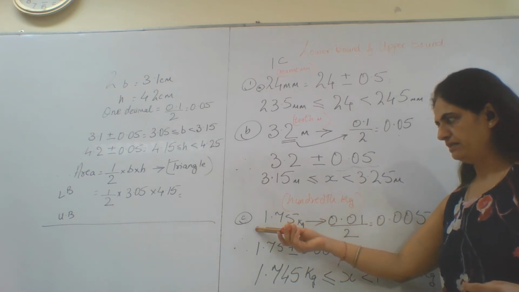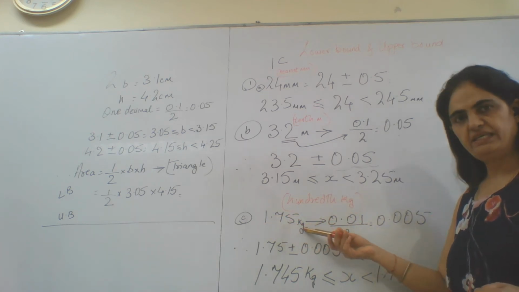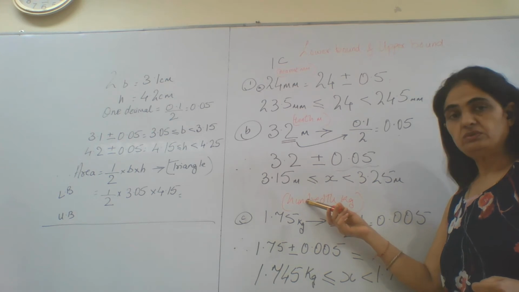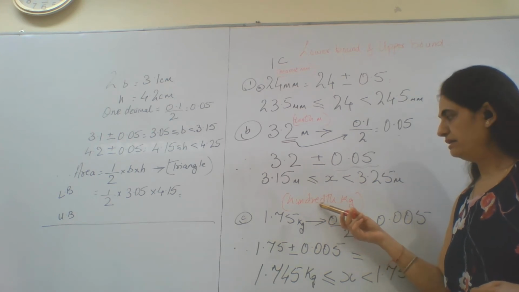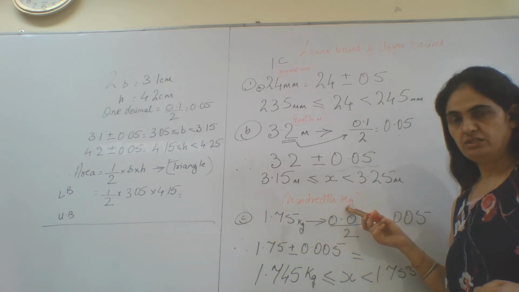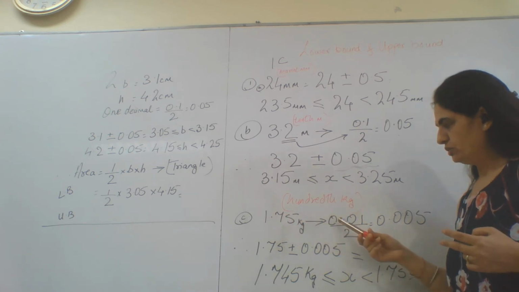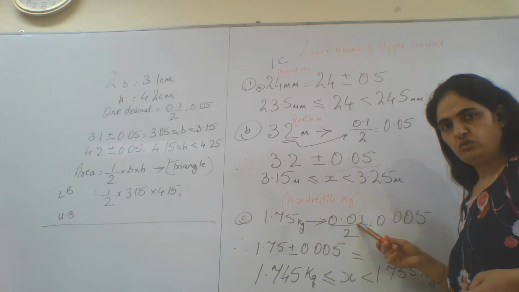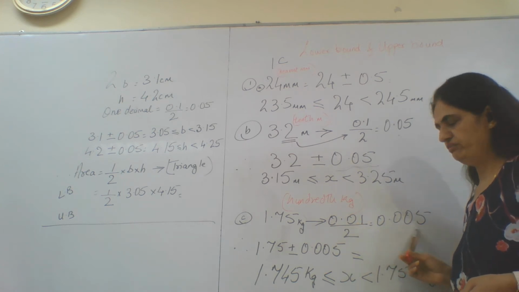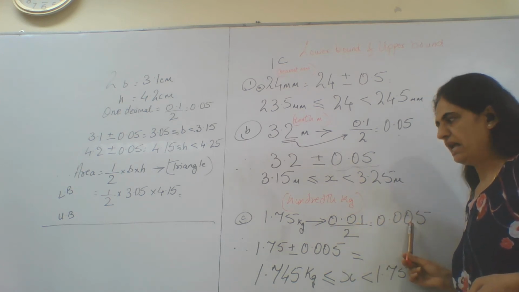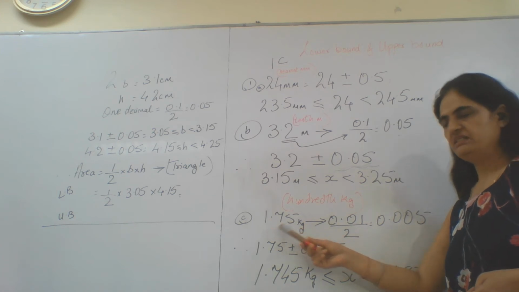Similarly, the C part says 1.75 kg, rounded to the nearest 100th of a kg. Here you can see after the decimal there are two places. So you will take 0.01 divided by 2 to give you the number which you have to add or subtract to 1.75.